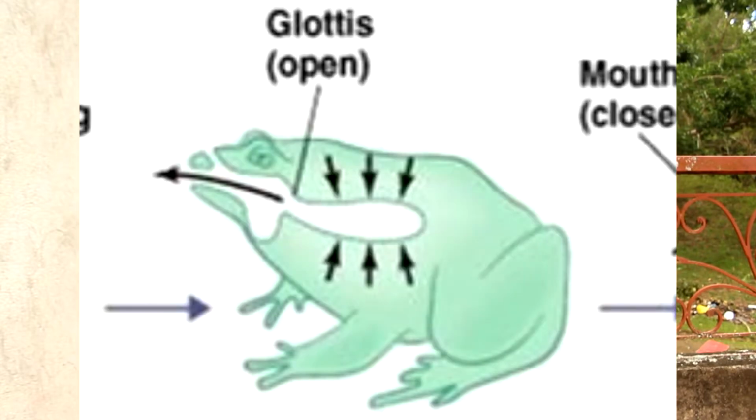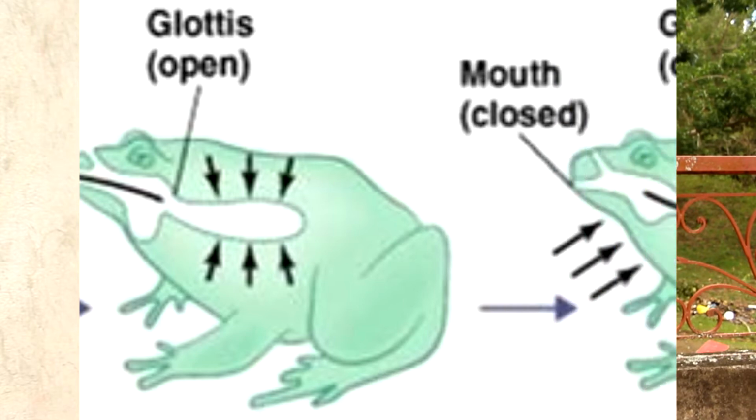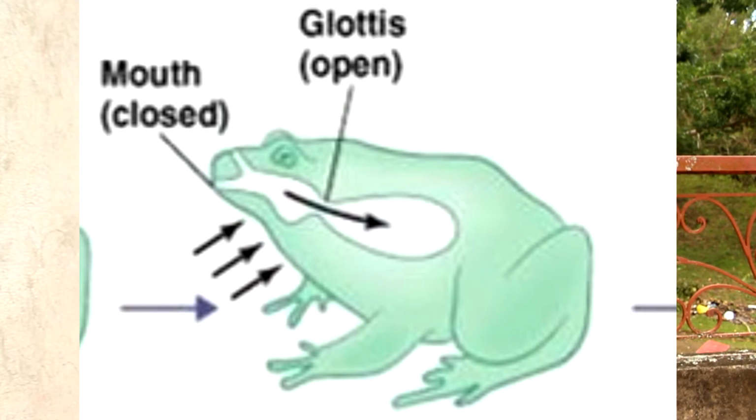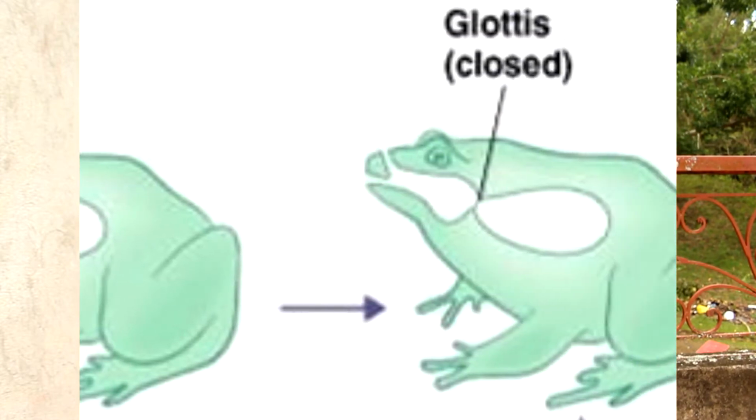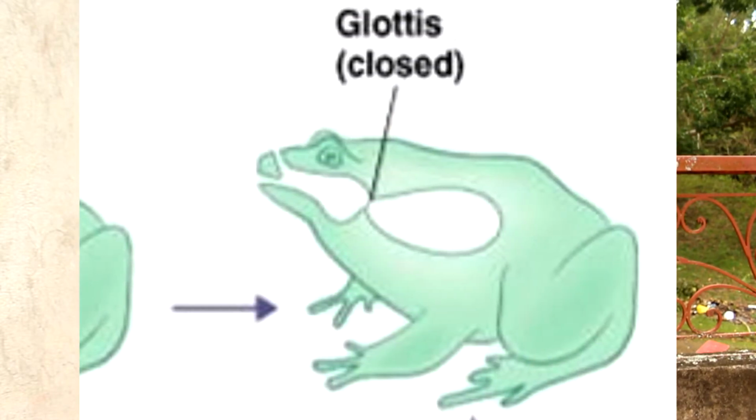Then the glottis opens, and elastic recoil of the lungs and compression of the chest wall reduces the lung volume. Air is forced out of the lungs and out of the mouth and the nares. Then the mouth and the nares close, the floor of the buccal cavity rises, and air is pushed into the lungs. When the glottis closes, gas exchange occurs in the lungs.